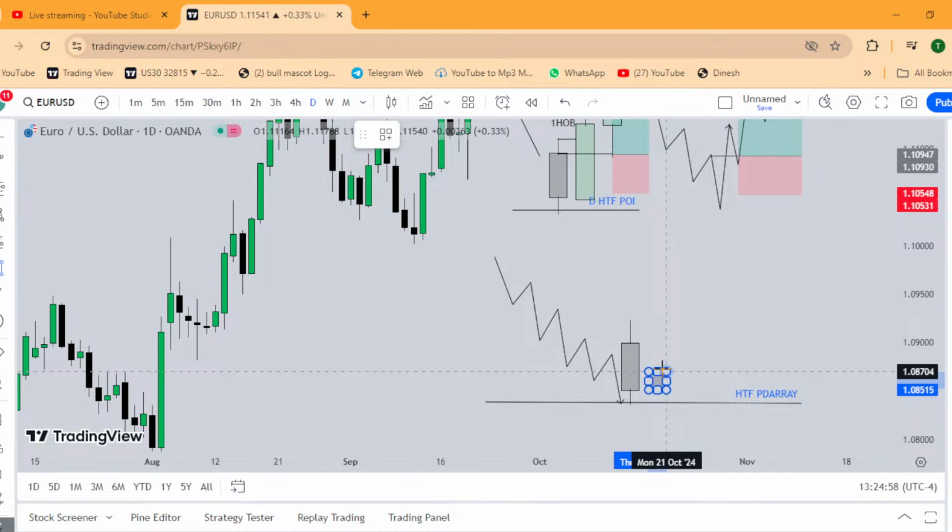This is a sign that price has not yet shifted. It means that price is still playing within the strong zone and you're not sure of the market structure shift. Pay attention to these details.